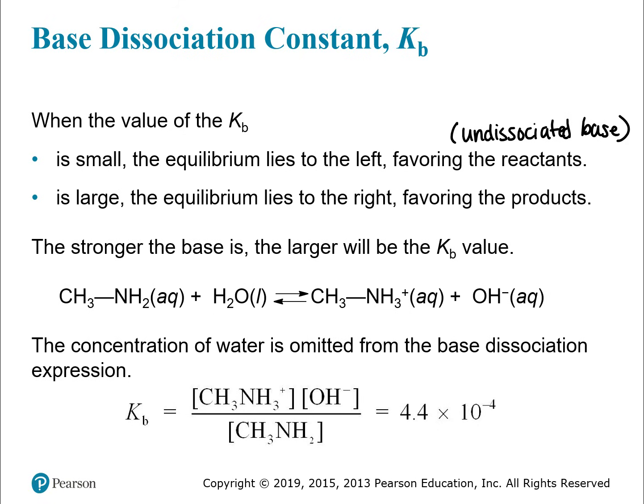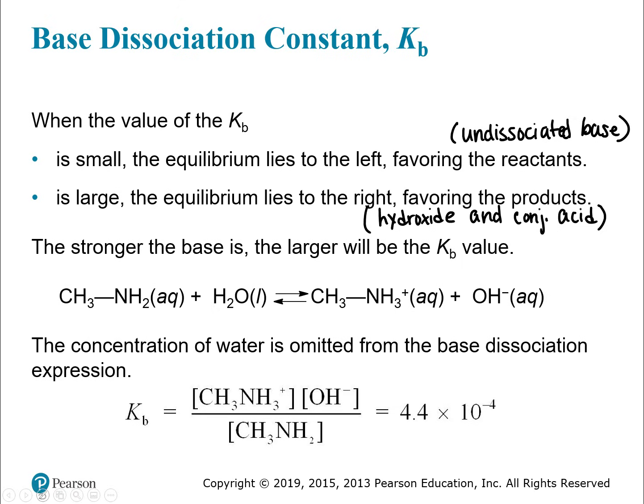When Kb is large, you're going to favor the products. The products are hydroxide and conjugate acid. And again, we'll talk about what conjugate base and conjugate acid means in just a little bit, so don't worry.